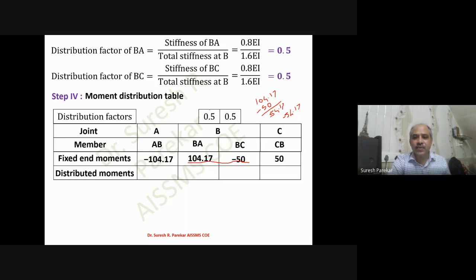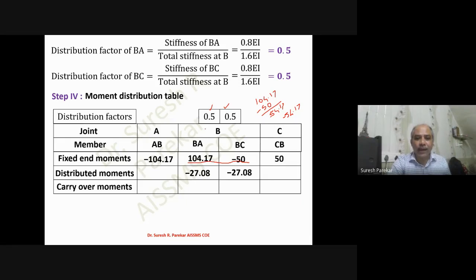Now how will we distribute it? We have this distribution factor. We will multiply by 0.5 for BA, multiply by 0.5 for BC, which will be half of this. We are going to get minus 27.08, minus 27.08. Knowing this value, we get the carryover moment.